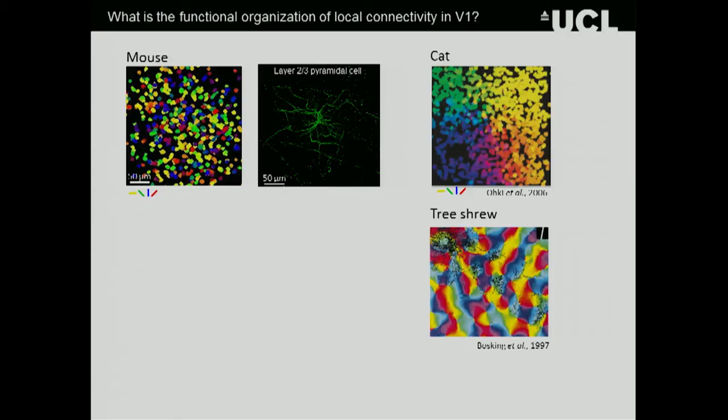Obviously, if you have a neighboring rule of connectivity, it's easy to maintain your orientation preference because all your neighbors are similarly tuned. Also, in these higher mammals, there are long-range connections that link neurons with similar orientation preference, and they're thought to mediate some sort of contour integration, perhaps, or other kinds of contextual effects.